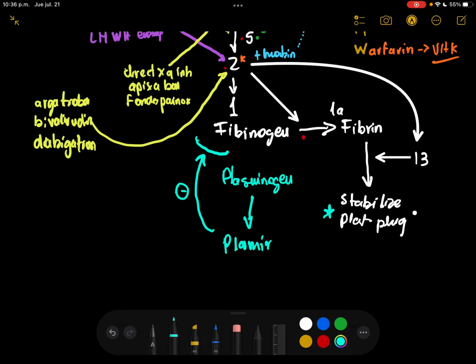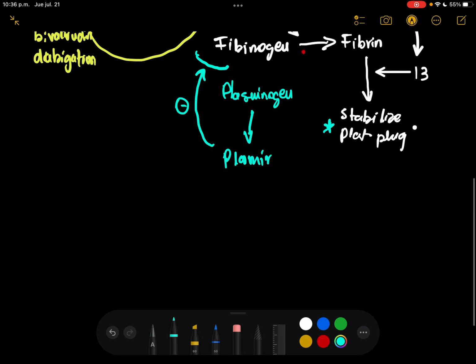but also it's going to destroy this stabilized platelet clot. It's going to degrade the fibrin.